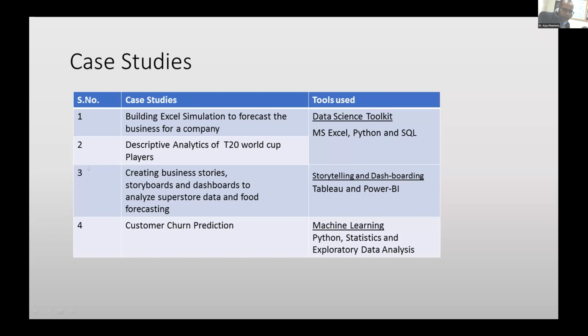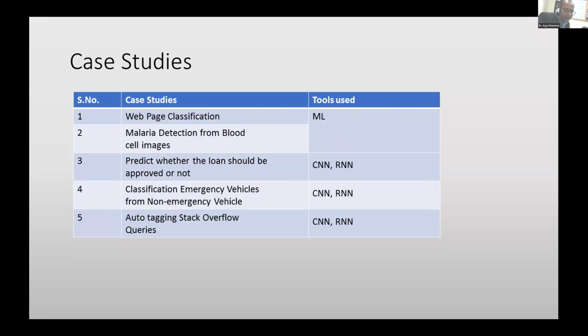Okay, so the tool required to solve this problem is machine learning. The student requires knowledge of Python, and EDA is a part of AI. More case studies for the student: like web page classification, which we can simply do with the help of some supervised learning algorithm, machine learning.